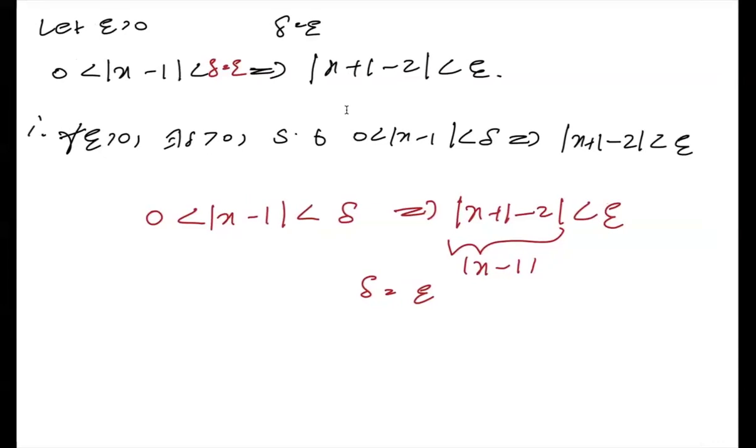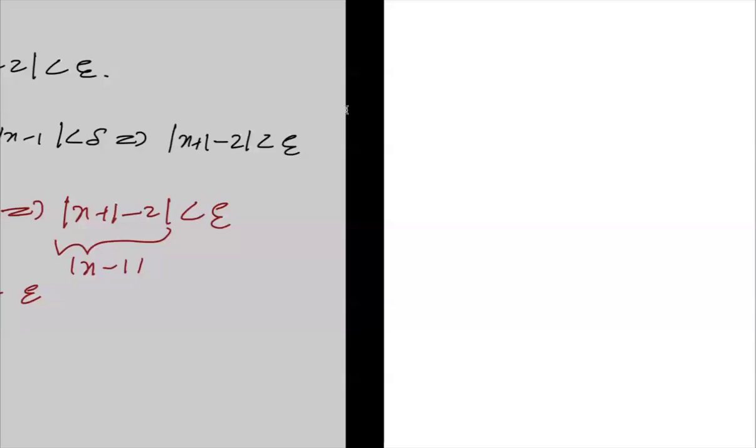Let's see a more complex example than that one. Let's say the limit as x goes to 1, because it is easier to solve and I just need to convey the idea, of x squared plus 1, and this is also 2.